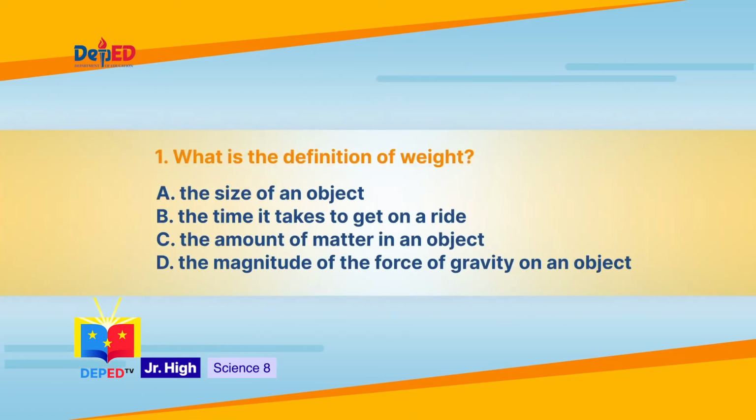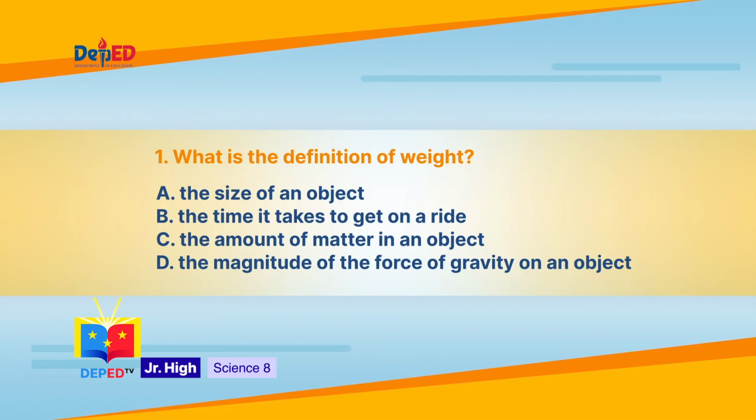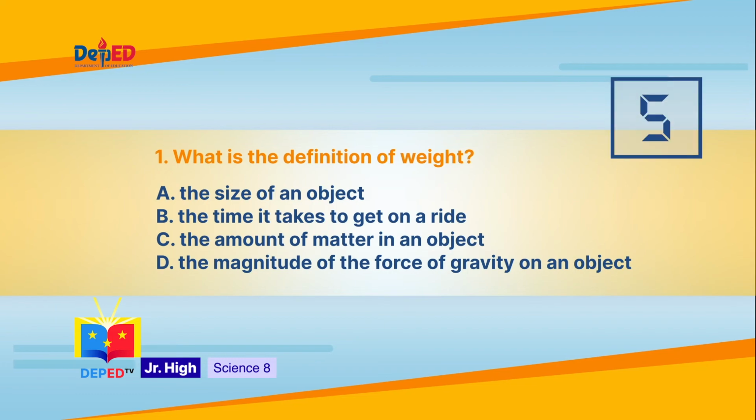What is the definition of weight? A. The size of an object. B. The time it takes to get on a ride. C. The amount of matter in an object. Or D. The magnitude of the force of gravity on an object.